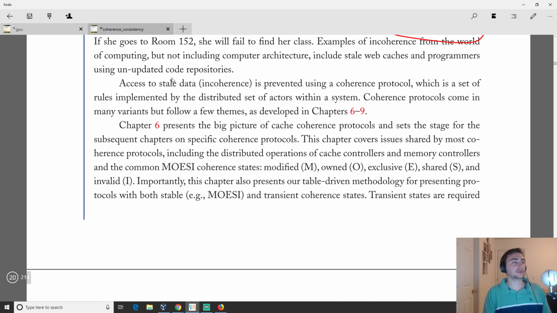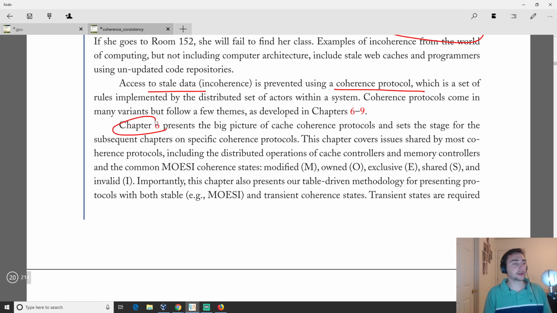So this access to stale data, in the case of this variable A, or in the case of this notebook where the room is written down, is prevented by the coherence protocol. The coherence protocol really tries to pretend that there isn't a cache in the system, so it's exactly as if all the writes are going to memory. But while still trying to extract the performance we get from having caches, we need to make sure that they are coherent.